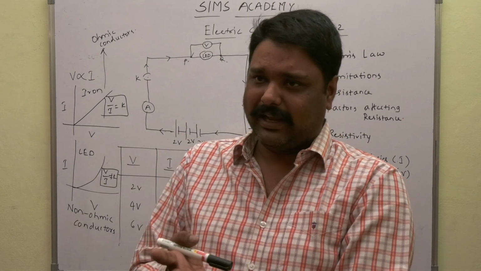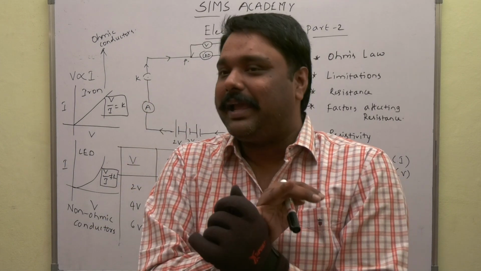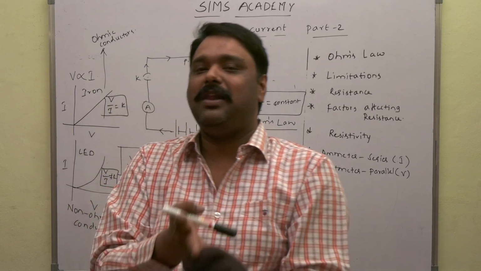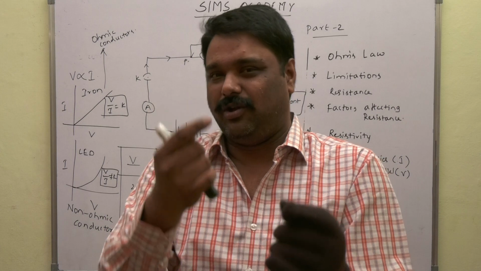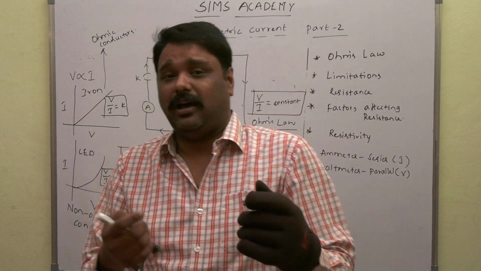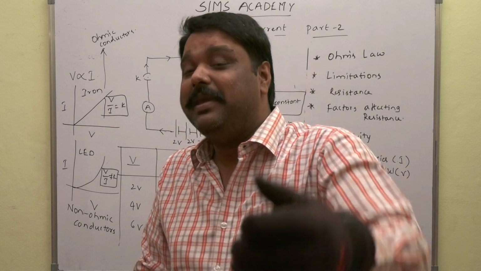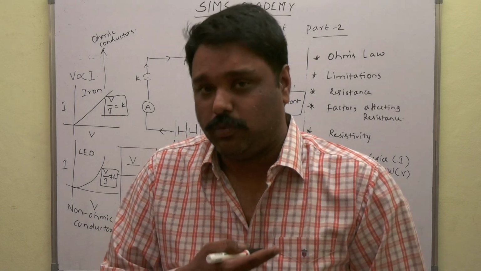Ohm's law is not applicable for non-ohmic conductors. Ohm's law is applicable only for metals. Ohm's law is not applicable for non-metals. There are some semiconductors. Yes, semiconductor devices do not obey Ohm's law.